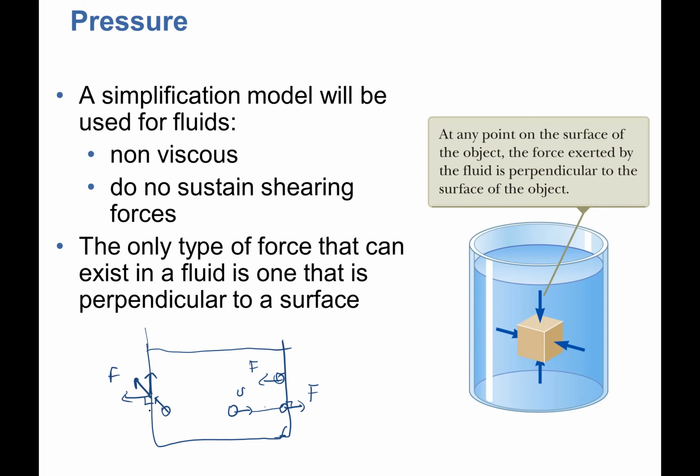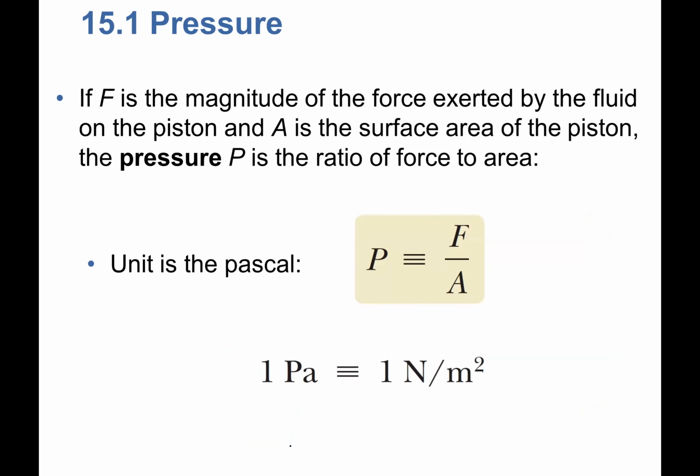And the force is acting on an area of interest. So if you have a container like this and you choose a small area A, and then the molecule is moving and colliding with this and exerts a force F, then one of the things we can say is that F is the magnitude of the force exerted by the molecule on the wall.